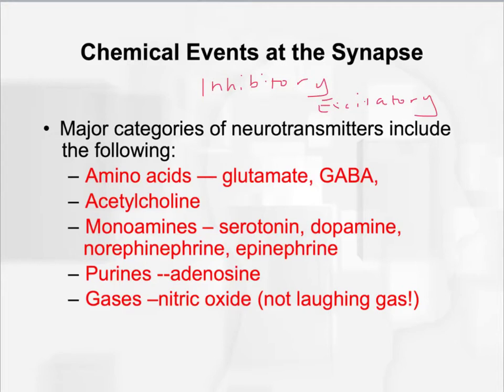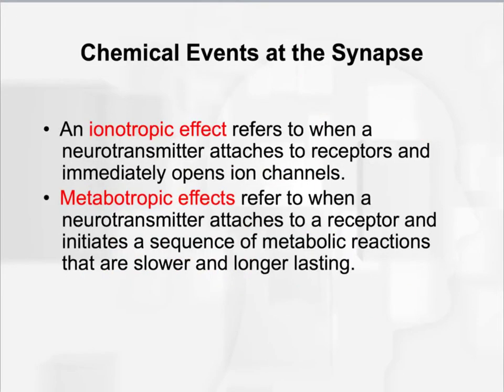The excitatory is probably what you're more familiar with when you think of norepinephrine and epinephrine, getting excited. Dopamine is in the category of neurotransmitter that can do both. And serotonin is in the category of well-being, which is kind of calming. So different neurotransmitters have different functions, and we'll talk a little bit more about that as it becomes applicable to our class.